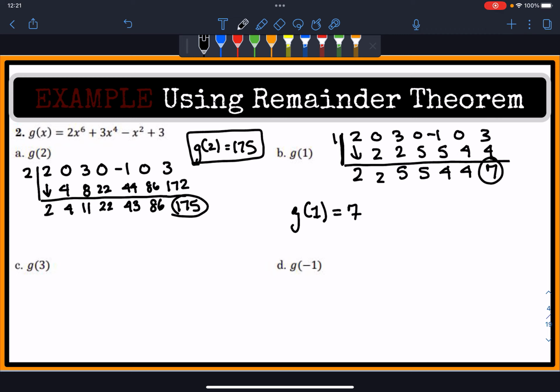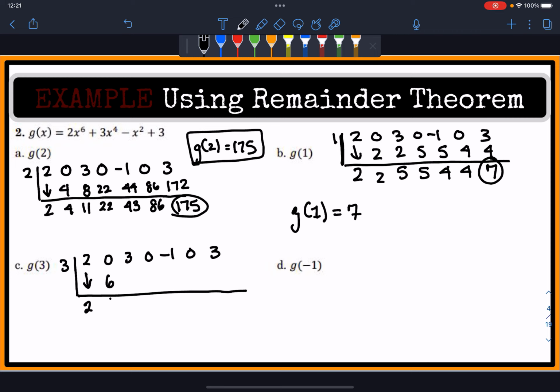So for letter C, number 2, part C, we'll have 3, and then again the same coefficients. 21 times 3 is 63 plus 0 is 63. 63 times 3 is 189.